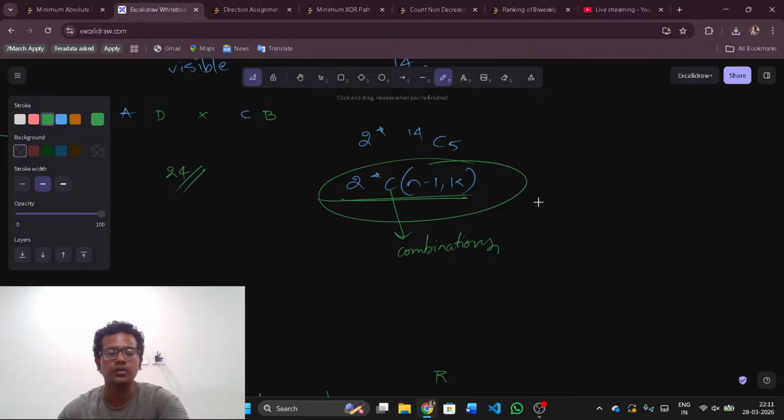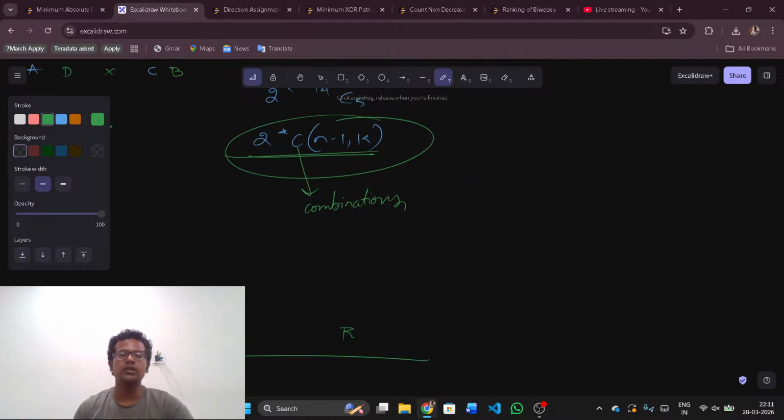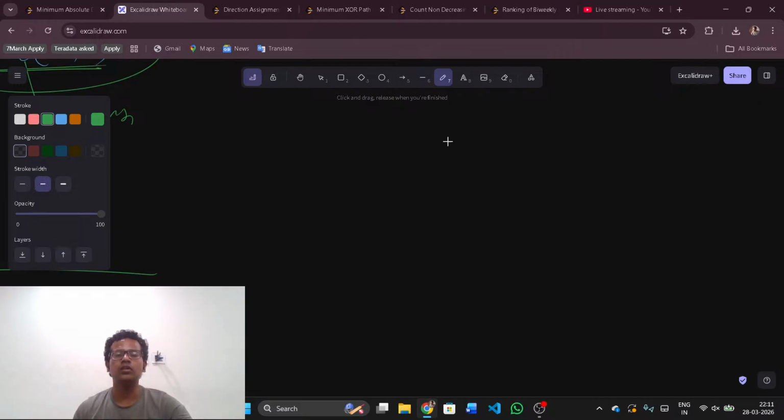So multiplying with 2 would make it all possible ways. But the problem comes here: C n minus 1 comma k, nothing but n minus 1 factorial by n minus 1 minus k whole factorial times k factorial.